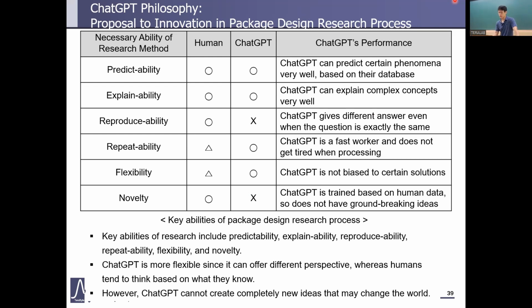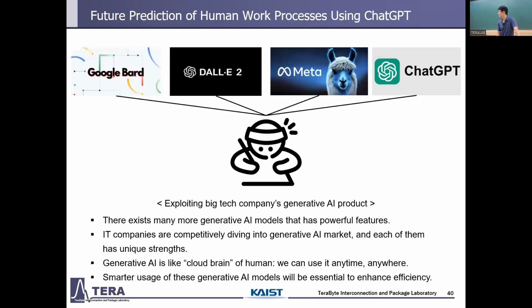But when we're talking about novelty, ChatGPT is trained on human data, so it doesn't really have any groundbreaking ideas. ChatGPT cannot really create completely new ideas that may change the world. So there is still some space for humans.